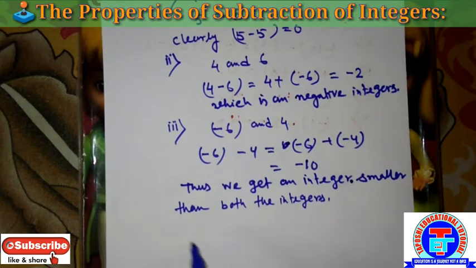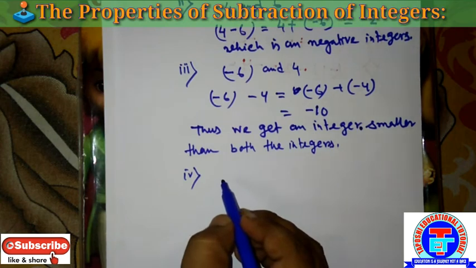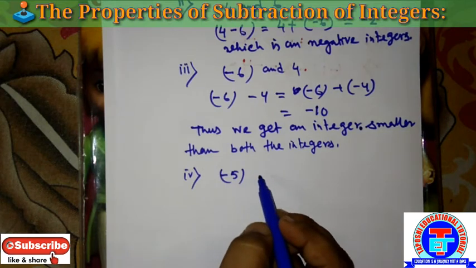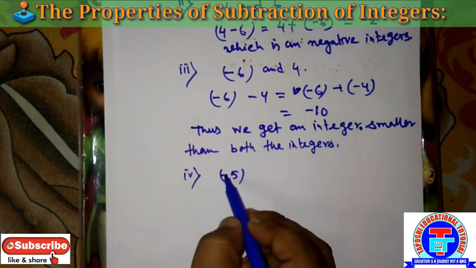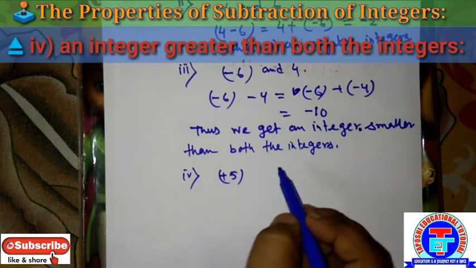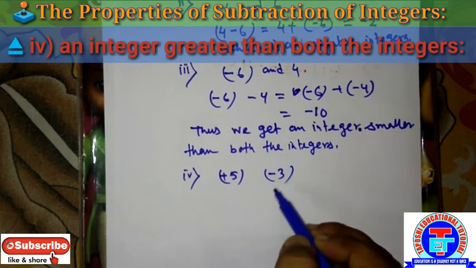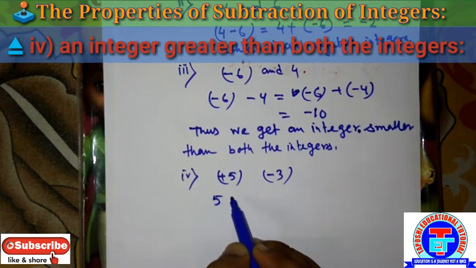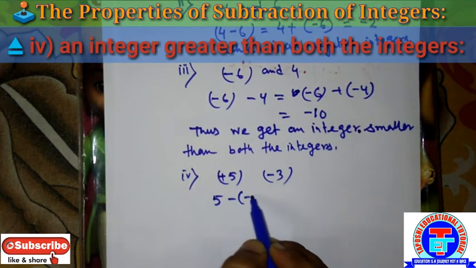So consider number 4, consider plus 5 and minus 3 are two integers, right? Then we can write 5 minus 3.